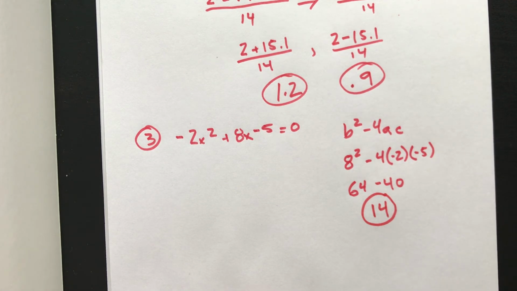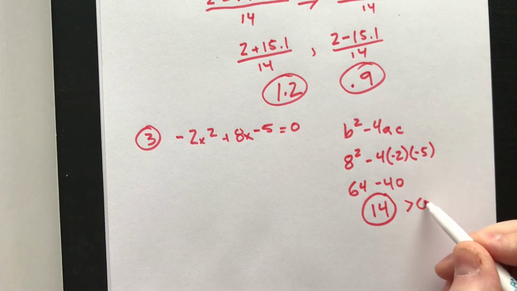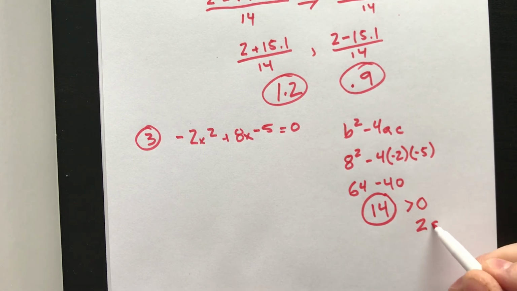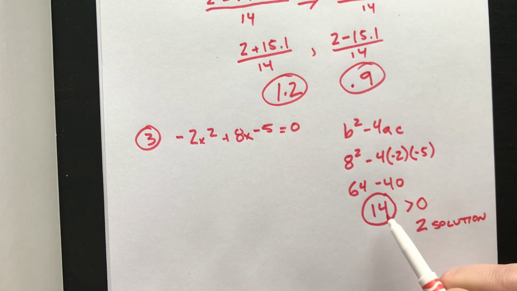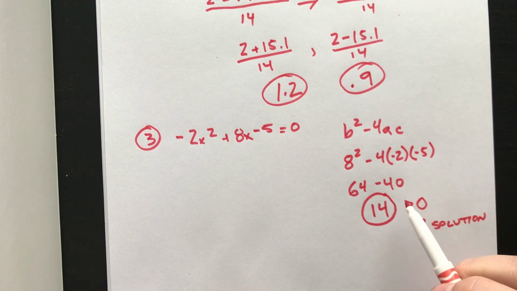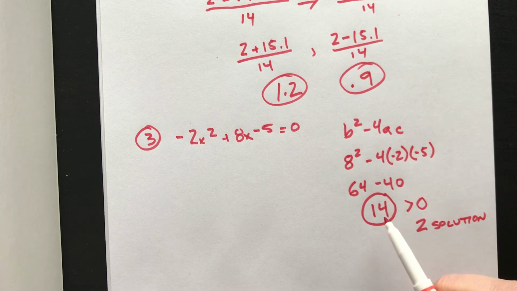Now, when you use the discriminant, if the b squared minus 4ac is greater than 0, that tells us that we have two solutions. If this number was equal to 0, then there's only one solution. If this number is less than 0, then you have no solution.